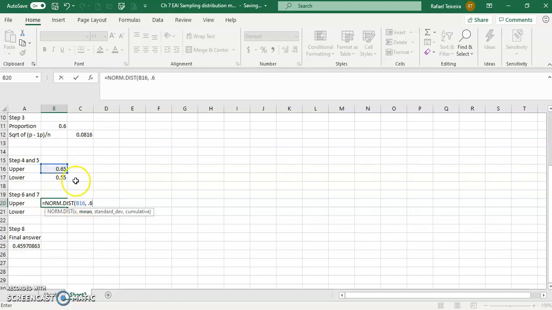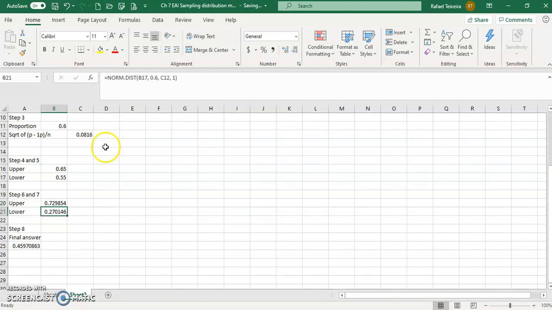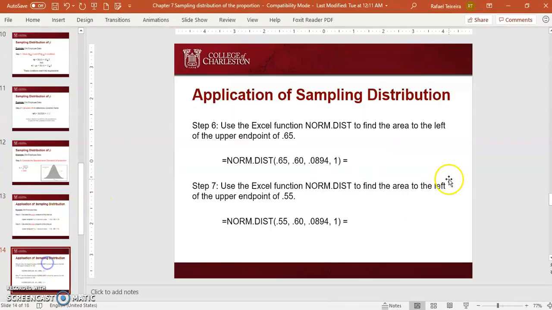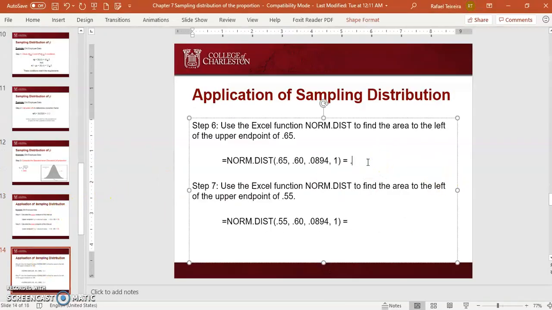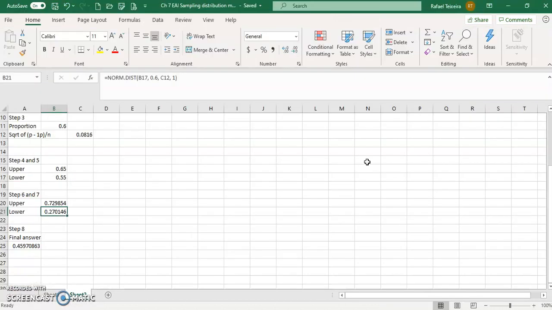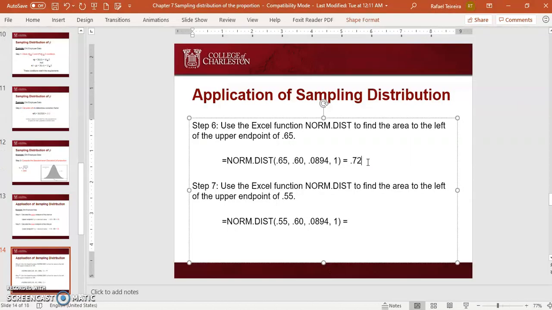The mean, in fact, is the proportion. And the standard deviation here is the standard deviation of the sample proportion. You compute it and you type 1, and then you get 0.7298 or 999. So I put 0.7299, rounding up the number.